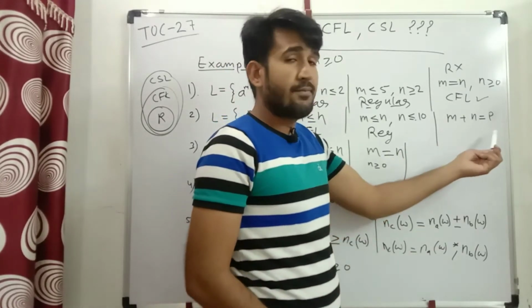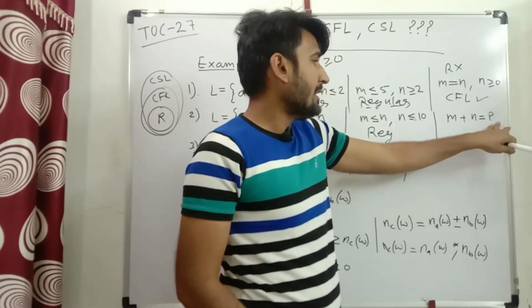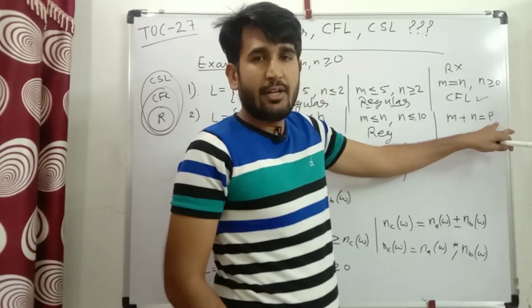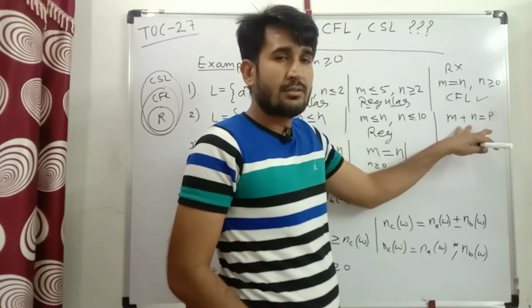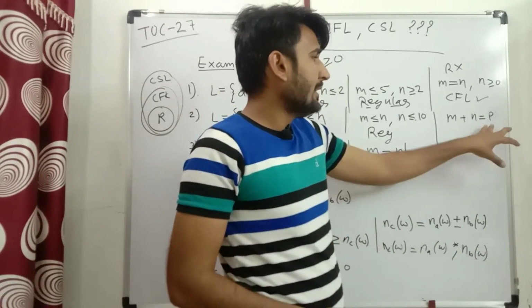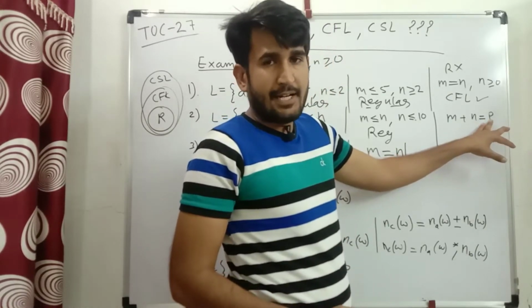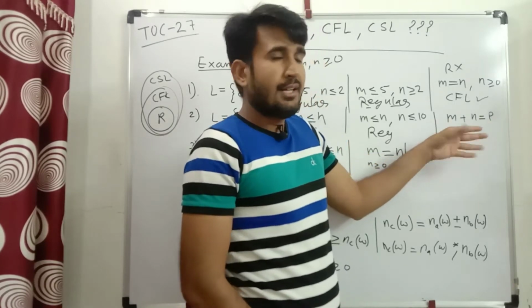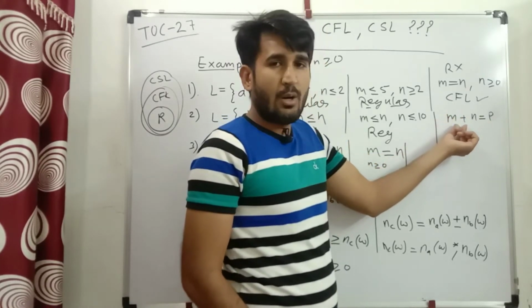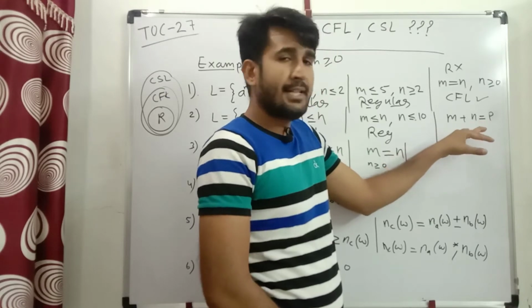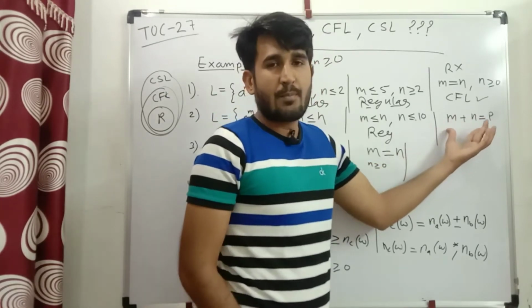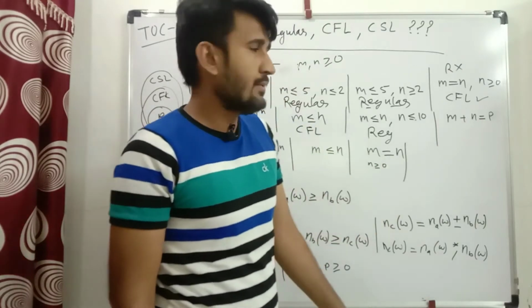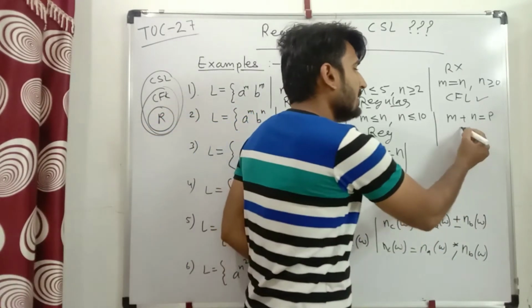This is a CFL because here is P. P is a variable, and it has to calculate this thing. So it is CFL. If it is a constant, then it is regular. For various operations like plus, minus, multiplication, division, we have identified the given languages with their types. So currently this is CFL.